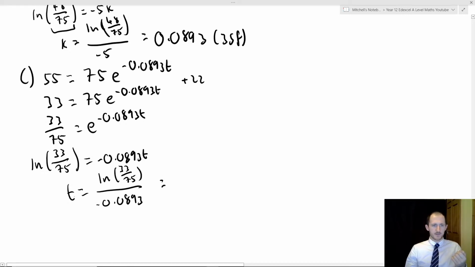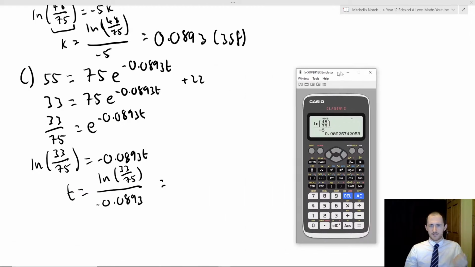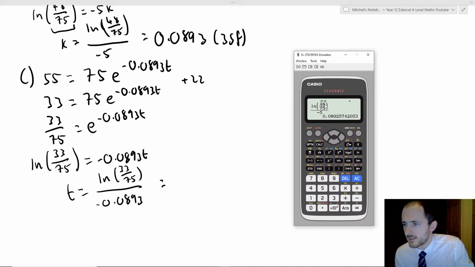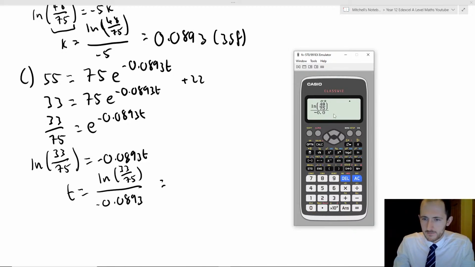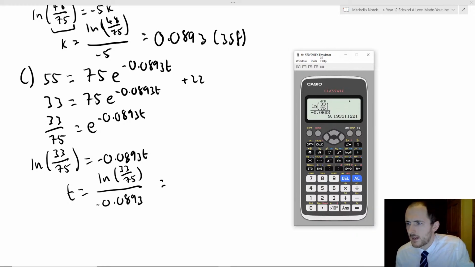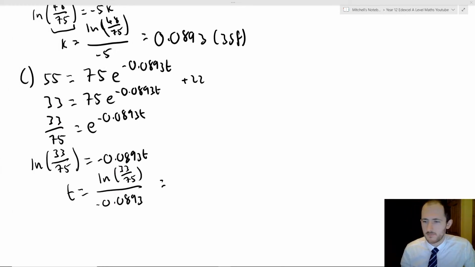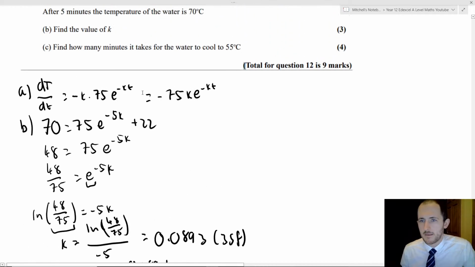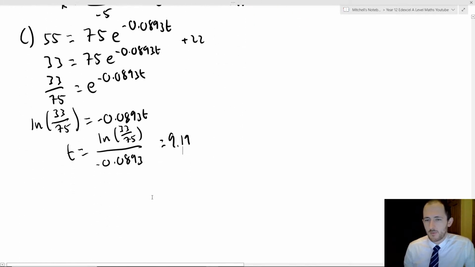Because I'm an absolute genius, I've actually left this as is, so what we can do is edit the equation instead of writing the whole thing again. We get 9.193 and so on. And remember what I said: how many minutes does it take? Well, it can't take 0.19 of a minute, so it takes 10 minutes.